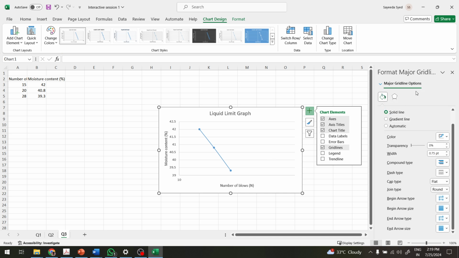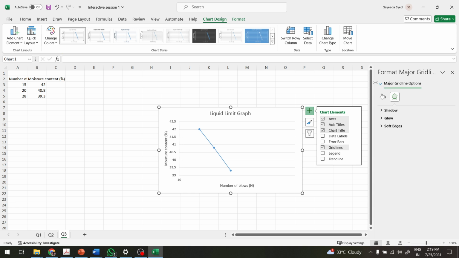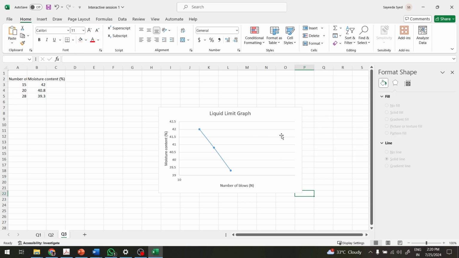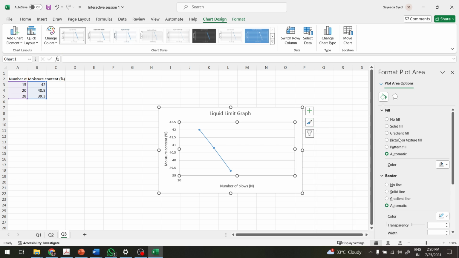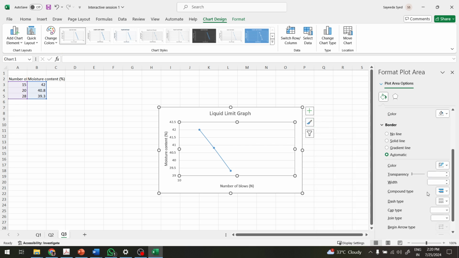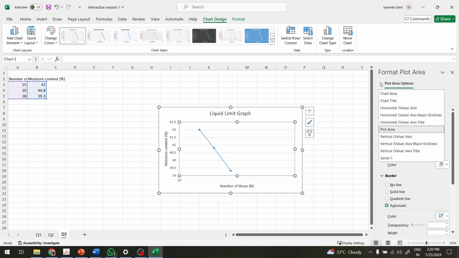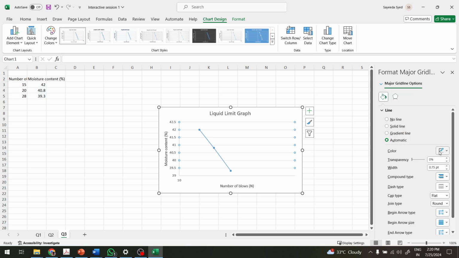I can't seem to find the vertical red lines.